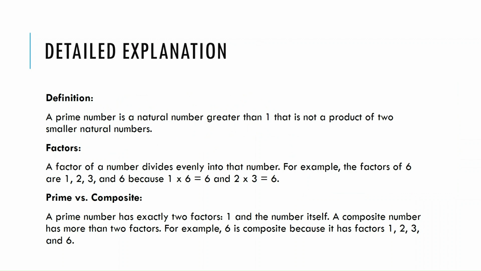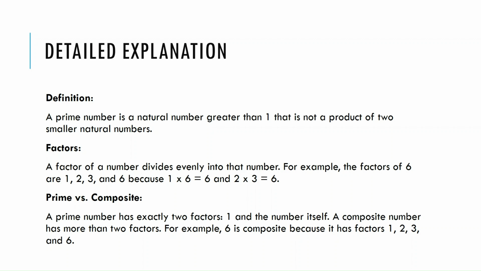So now let's understand the factors. As you can see, a factor of a number divides evenly into that number. For example, the factors of 6 are 1 and 2 and 3 and 6, like 1 into 6 equal to 6, 2 into 3 equal to 6. Now, coming to the prime versus composite comparison.